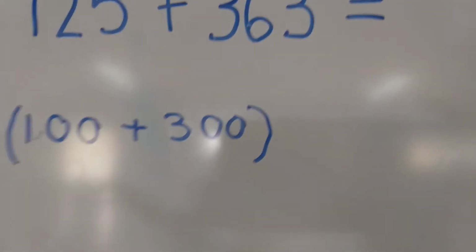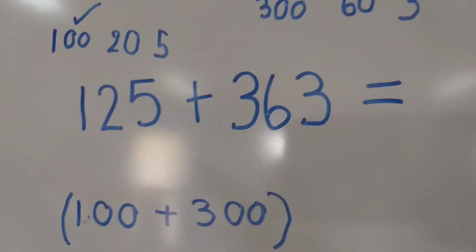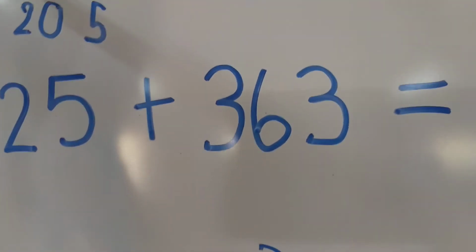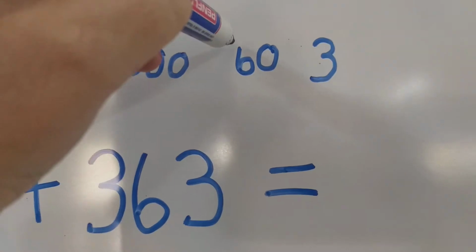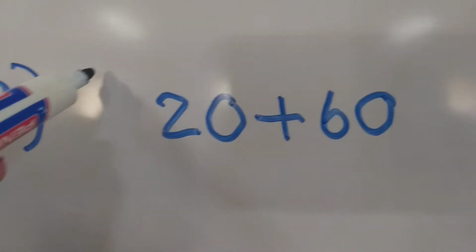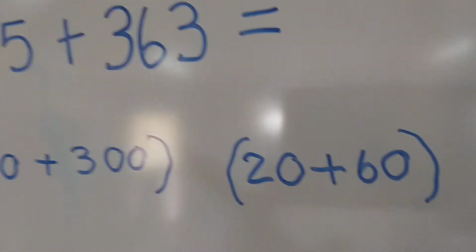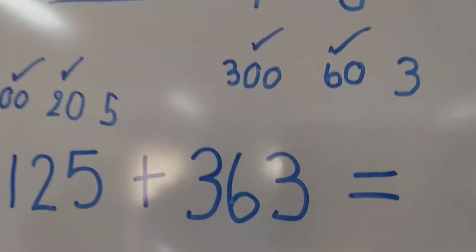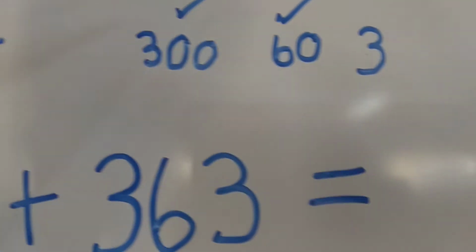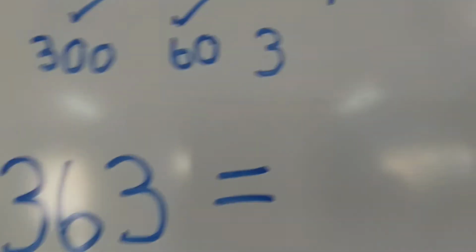Now we're going to add the tens together. We got 20 here, and we got 60. So we're going to put that in its own little group, 20 plus 60. And then finally we're going to put the units in their own little group, the 5 and the 3.